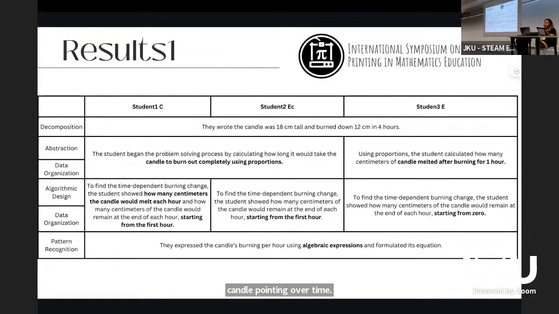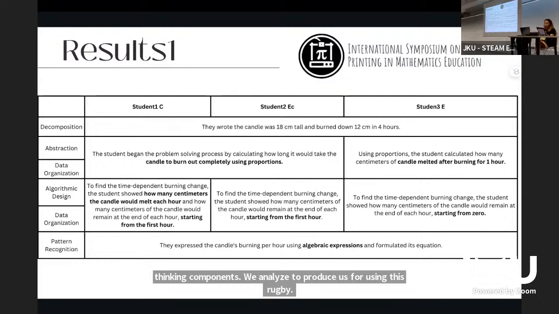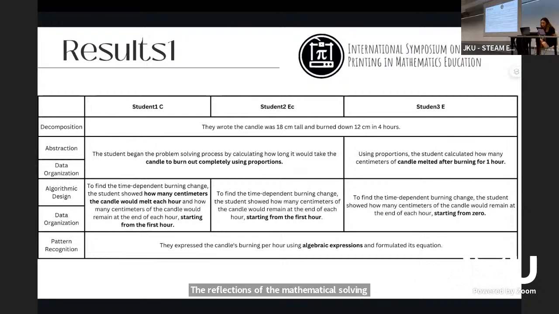This is a rubric which includes the computational thinking components. We analyzed students' answers using this rubric. The reflections of the mathematical solutions of the time-dependent burning process of the candle on the CT components are as in the table.